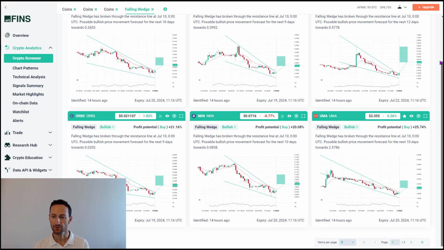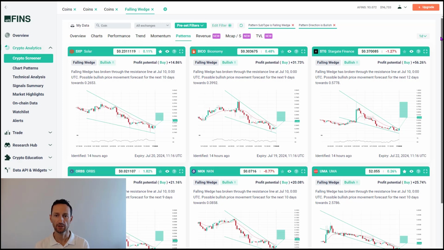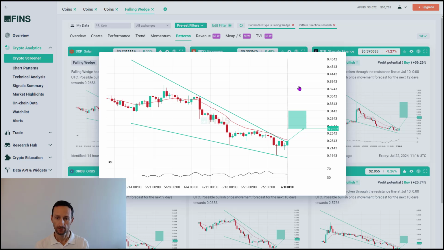And we can see there's about 18 of these, and they're all indicating that there's been a breakout from a falling wedge pattern. And a falling wedge pattern, if you take a look at a bigger zoom in on one of these, you'll see that it's a pattern that's formed by a series of lower highs and lower lows, right?